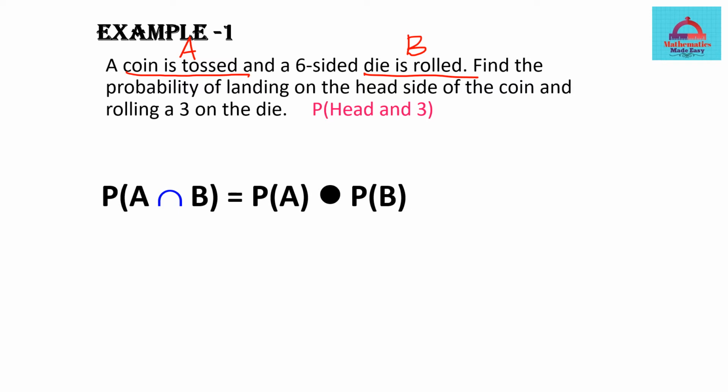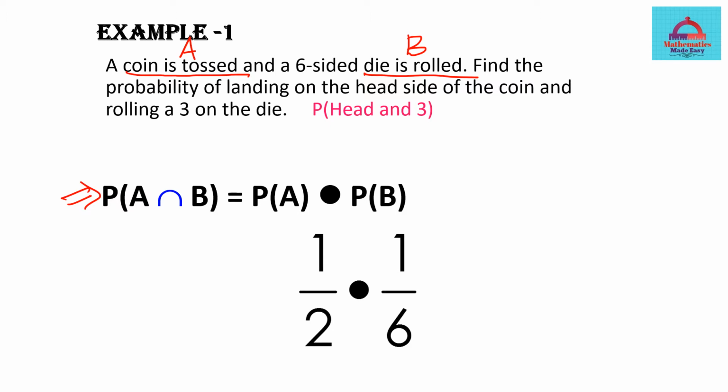Now, because these are two different events, one is a coin being tossed and the second is a die being rolled, they are definitely independent events, and therefore we can use the formula we saw on the previous slide, where the probability of A intersection B is the product of the probabilities. So let's calculate the individual probabilities and multiply them to get our answer.